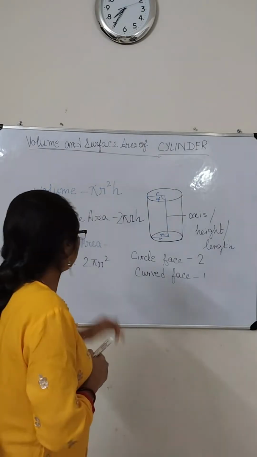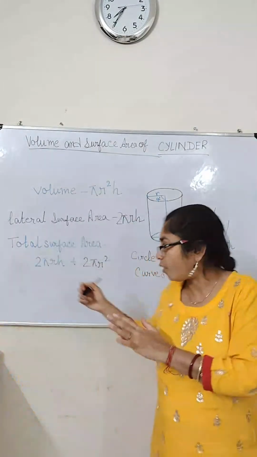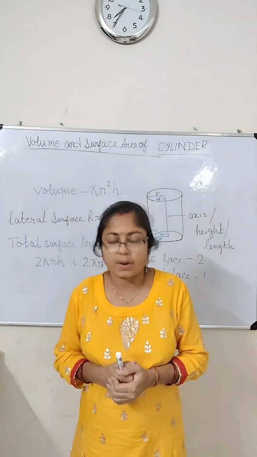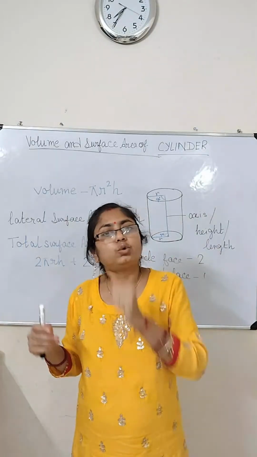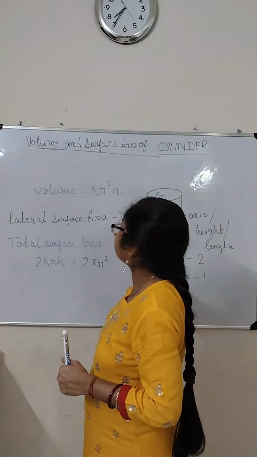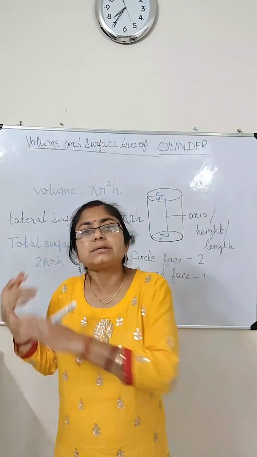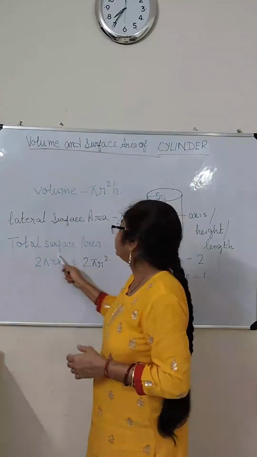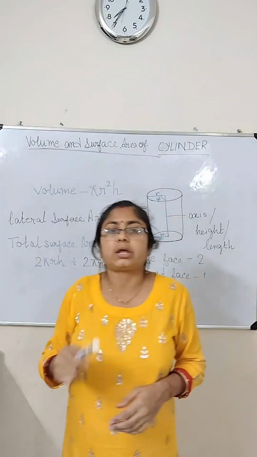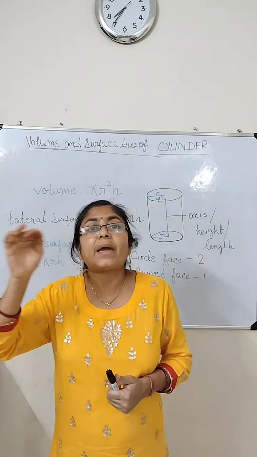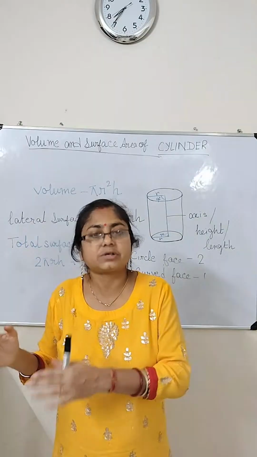Why do I break the last formula, 2 pi rh plus 2 pi r²? Sometimes in maths there are two parts. In the first part they ask for the lateral surface area, so you find the first part and put the values there. And one more thing: sometimes there is a question about an open cylindrical shape.